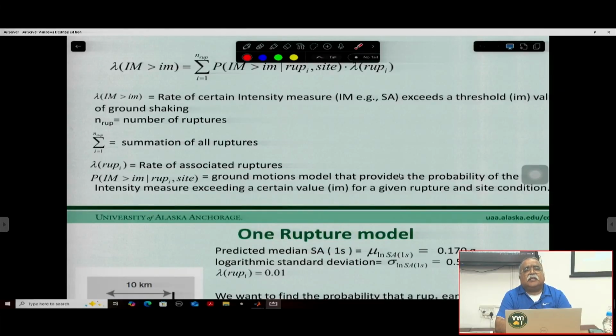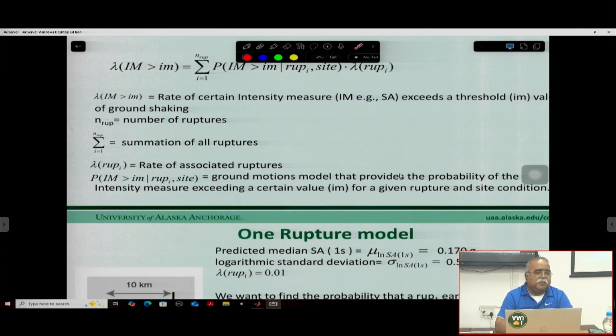Say, suppose 10% exceedance in 50 years. So that means, say at any point the PGA is 0.01. That says that the PGA with 10% probability of exceedance in 50 years is 0.01, right?